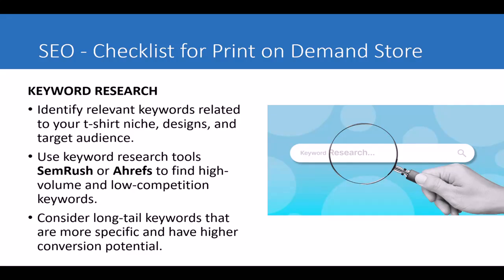But there are free tools that you can use to generate keywords, though they don't give you the full information. So do your research and find high volume and low competition keywords that you can target in your product descriptions and product titles. Consider long tail keywords. These are more specific and have higher conversion potential.